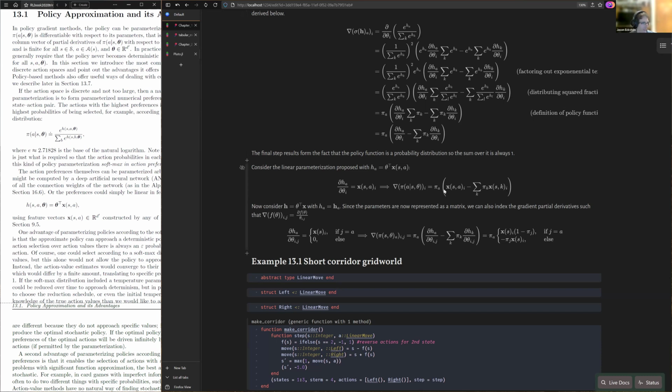So if we plug that in, we notice that in this first term in the sum, all we have to do is replace this partial derivative with that particular component of the feature vector.